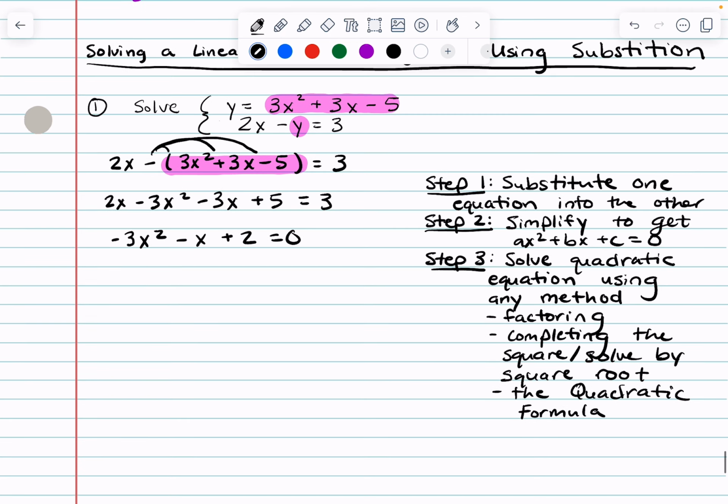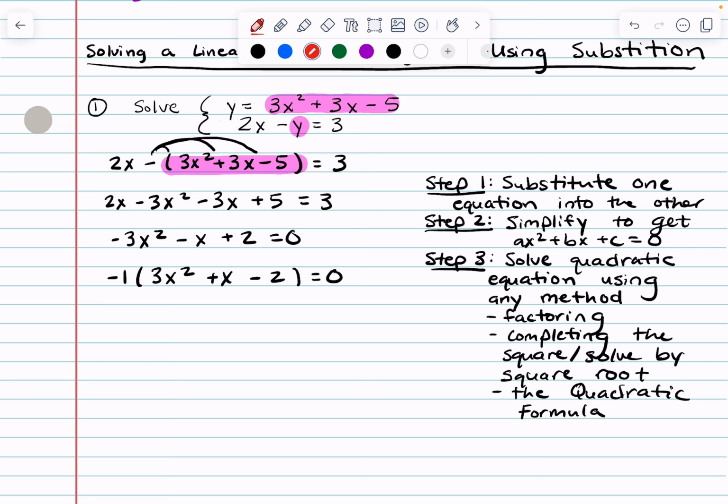And then since I hate negative numbers, I'm going to factor out a negative 1 so that I can have a positive 3 instead of a negative 3. So if I factor out that negative 1, I have 3x squared plus x minus 2 is equal to 0.